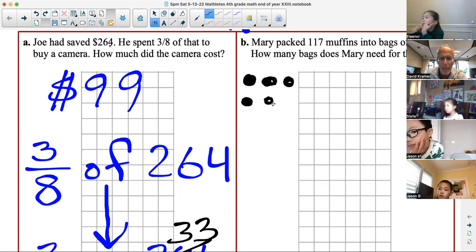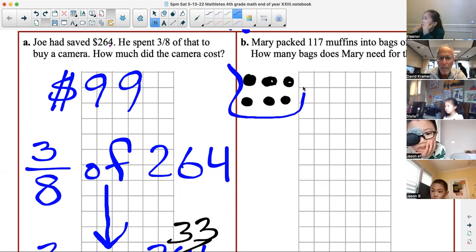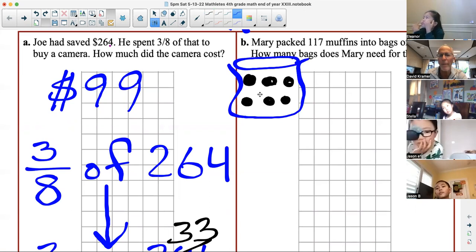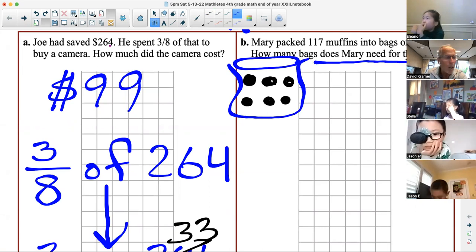And I'm going to draw a little picture of a bag holding 6 muffins. But she had 117 in total. How many bags does she need? Now, this is a very, very clever question. Let's start it and let's see what you come up with.